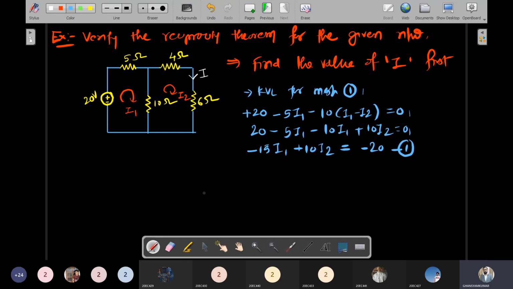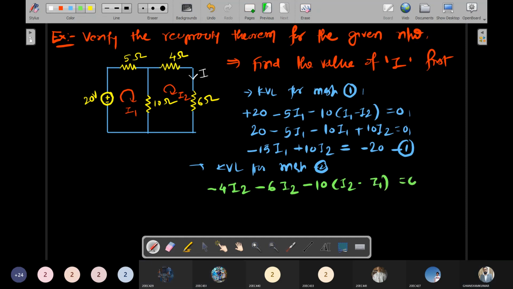Now you go to loop 2. So KVL for mesh 2. When you apply KVL for mesh 2, please quickly tell me the equation. Minus 4I2, minus 6I2, minus 10(I2 minus I1), correct.